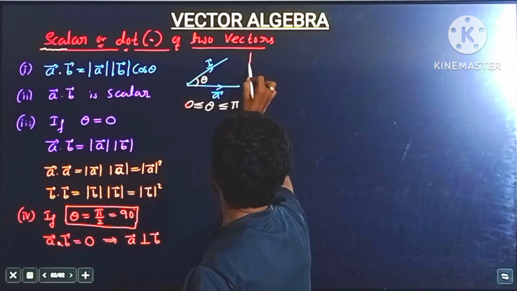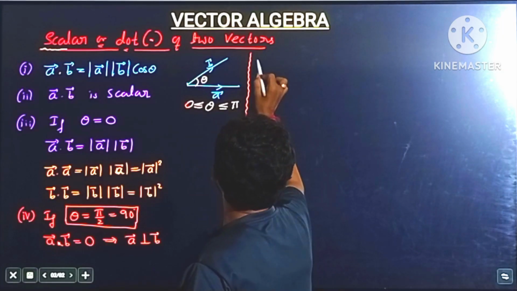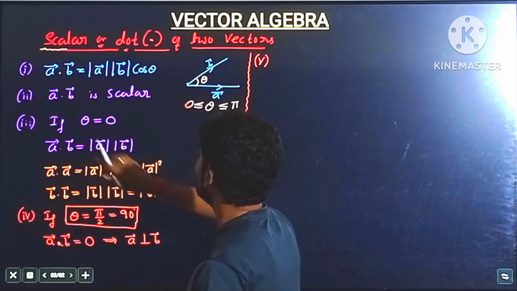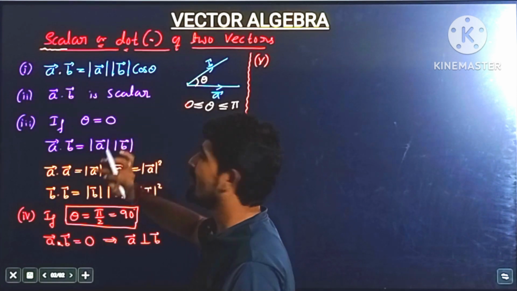Now the fifth point we need to observe here. The definition of the dot product is A vector dot B vector equals magnitude of A vector into magnitude of B vector into cos theta.